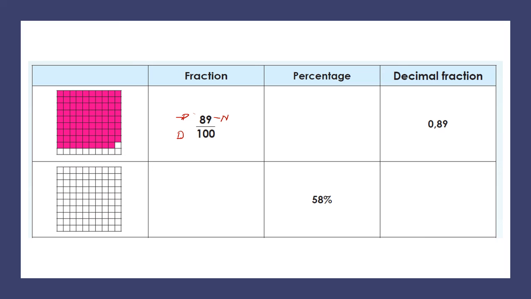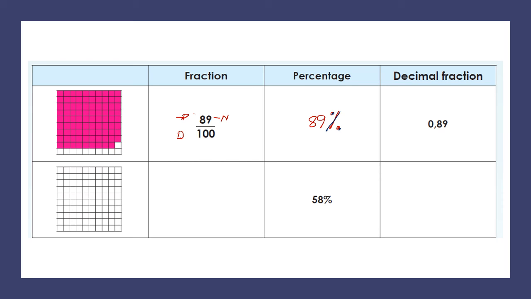So there, this person has already worked it out for you. So if your denominator is 100, your percentage would be 89%. That percent means of 100. You see how I'm saying it? 89 of 100.